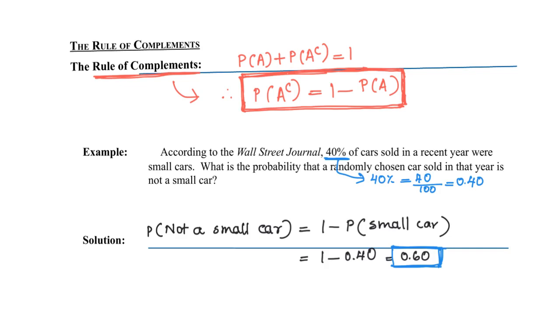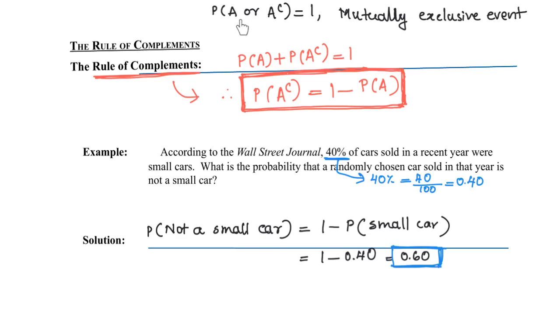Either an event A or its complement must occur. For example, it must either rain or not rain. A and A complement are mutually exclusive. So the probability of A or A complement equals 1.